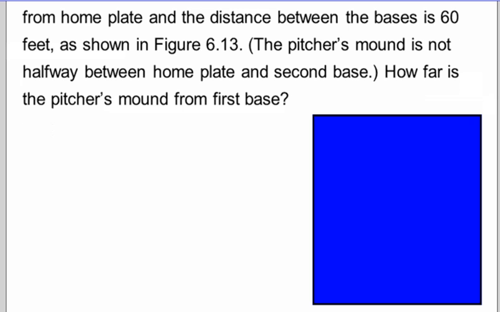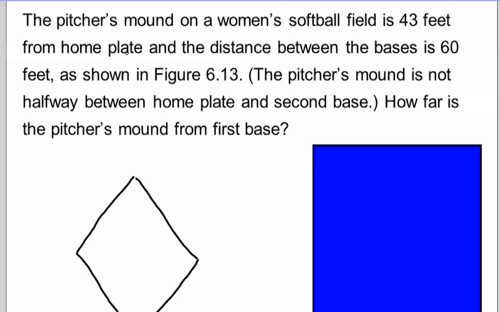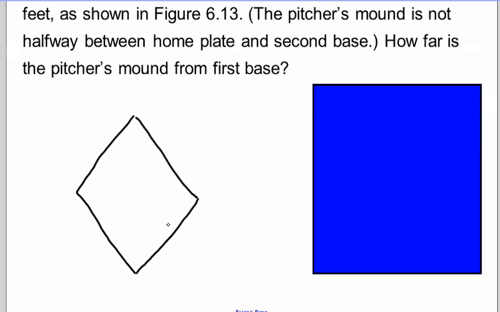Well, let's see. I'm picturing a baseball or softball diamond. It looks something like this. Whoa, went too far over that way. Something like that. It says the pitcher's mound is 43 feet from home plate, and it's not halfway between home and second.